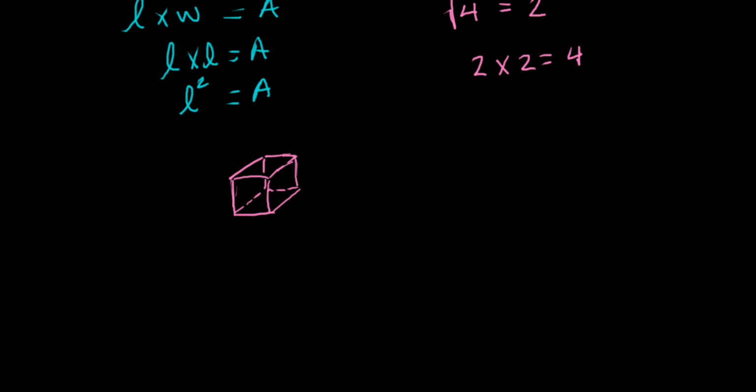So let's imagine a cube that has this dimension here as 2, and this dimension here as 2, and this dimension here as 2. Another way we can look at it is to say the length, or if you want, I think maybe we'll call that the width, why not? The width, not that it really matters, but let's say that's the width, and this 2 right here is associated with the length, and this one here is associated with the height.